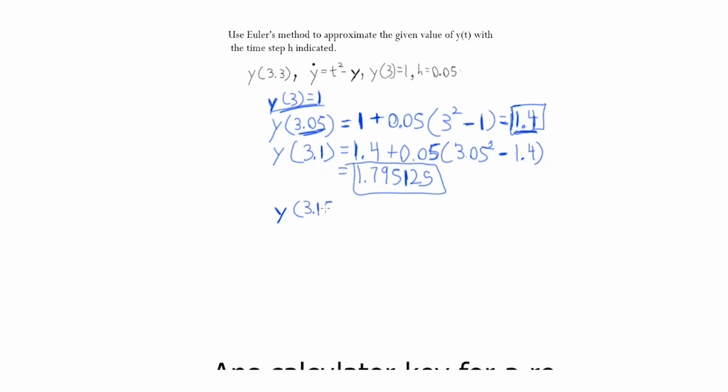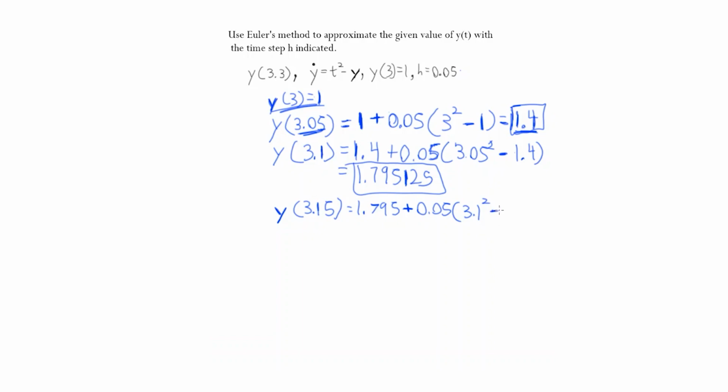And then add 0.05 again, 3.15. So it's just long and tedious. 1.795. You can approximate it when you write out your next step. Just remember to keep the answer in your calculator the same. So you can just use the answer key to do the steps. And then the previous t value was 3.1.